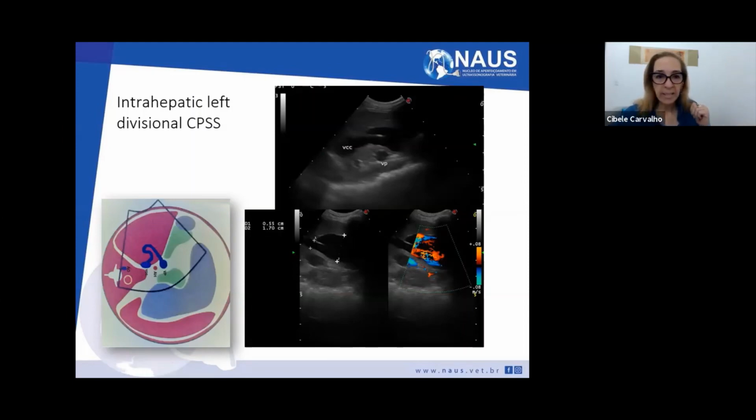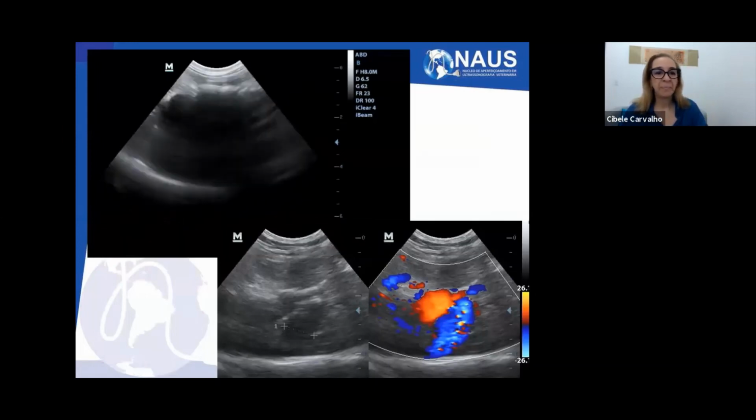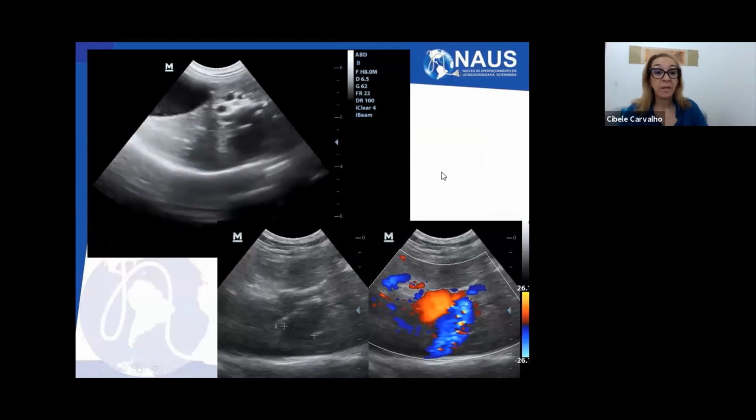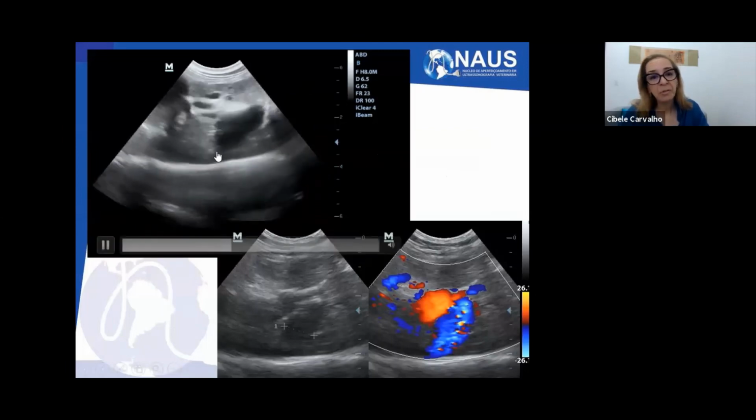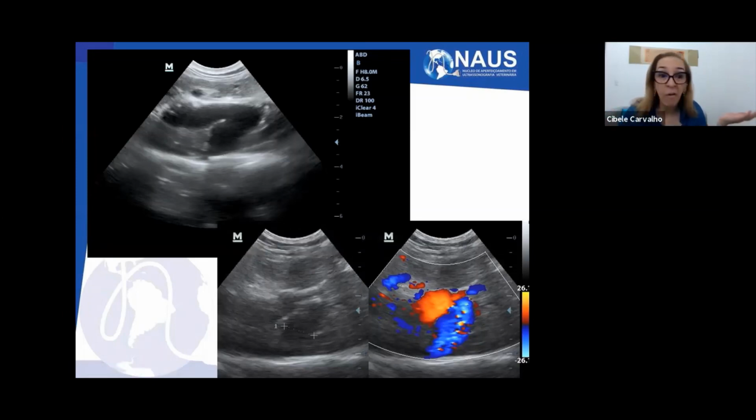So we can see better here. We can have a suspicion here with the anomalous vessel and the portal hilus. We think about what is going on.